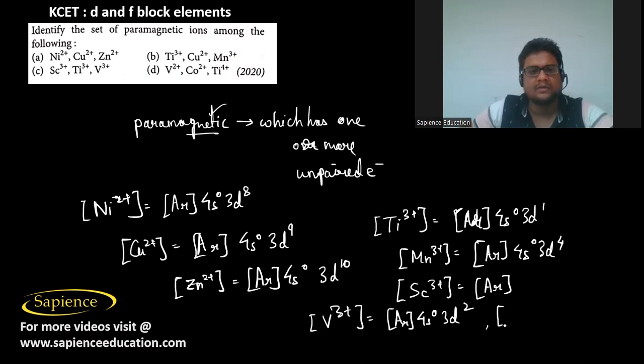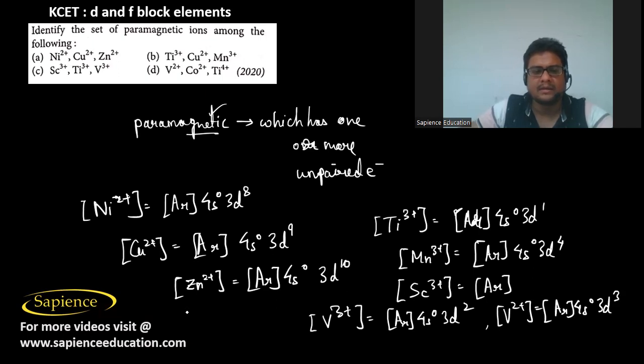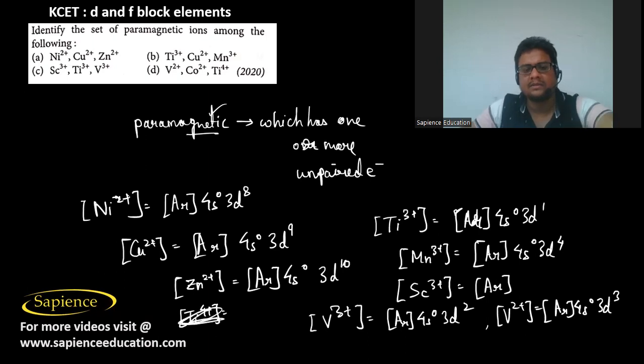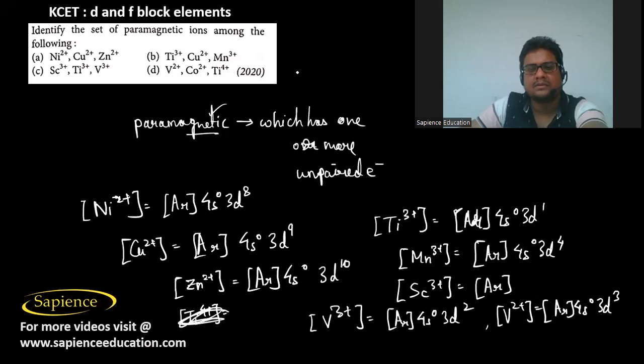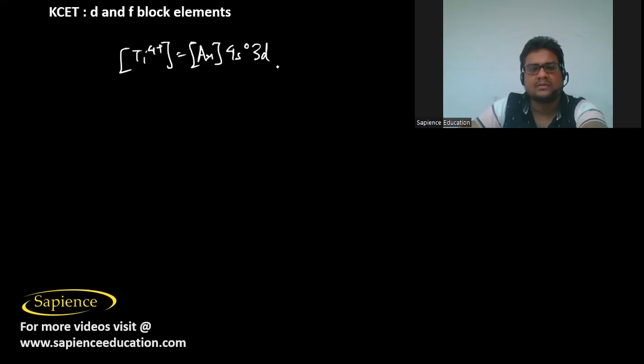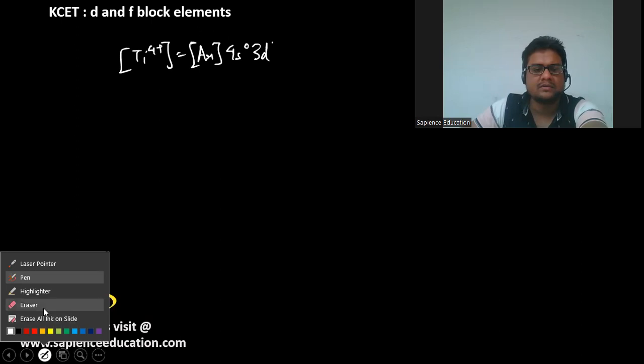And then the V2+ configuration will be argon 4s0 3d3. And the electronic configuration for Ti4+ will be argon 4s0 3d0, so it is the same as argon only.